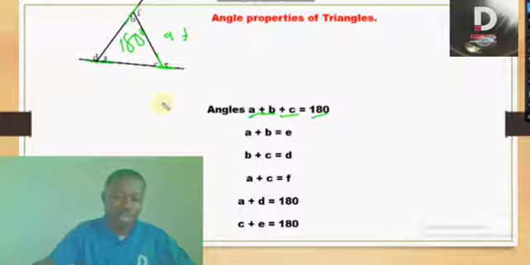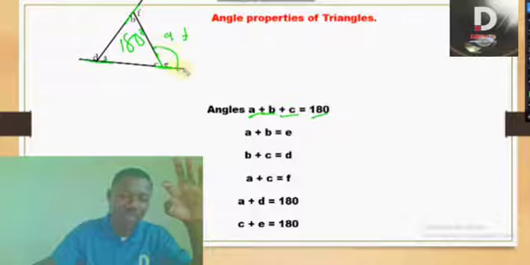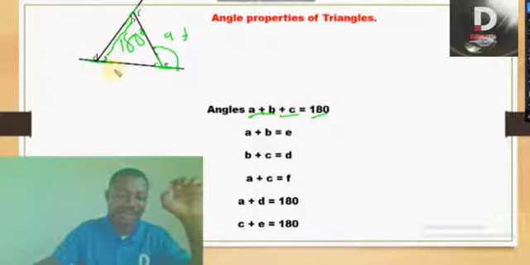Now, let's go. Apart from the property of the sum of the 3 interior angles equal to 180, the sum of 2 interior angles of a triangle is equal to the exterior angle opposite to those 2 angles. What do I mean? If we sum A and B, the opposite exterior angle is E. That's all.